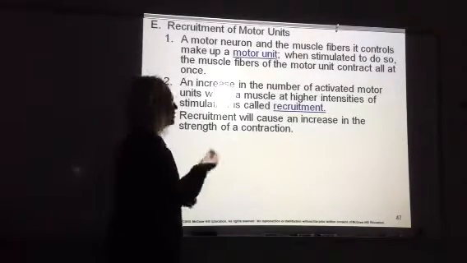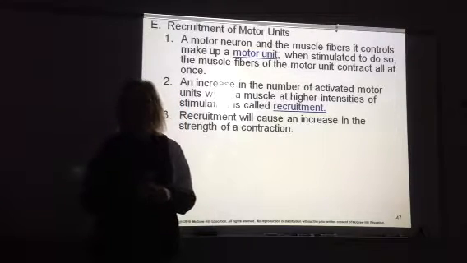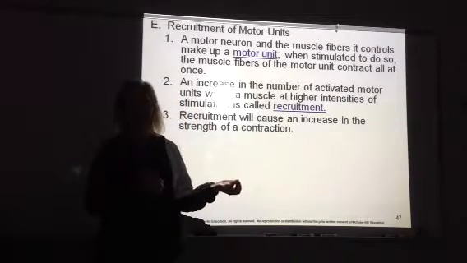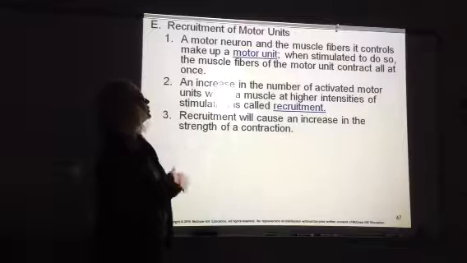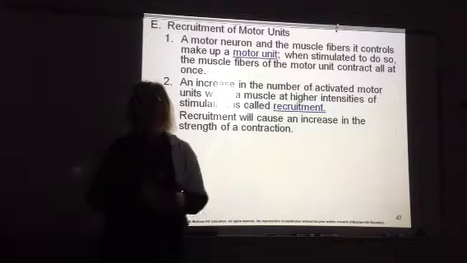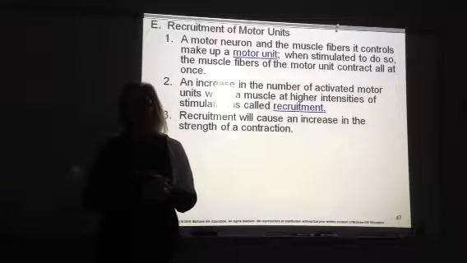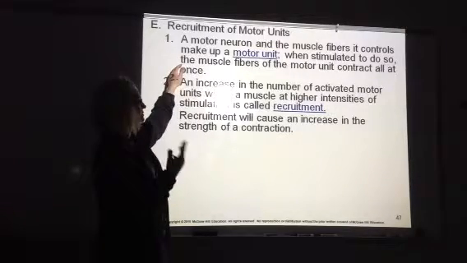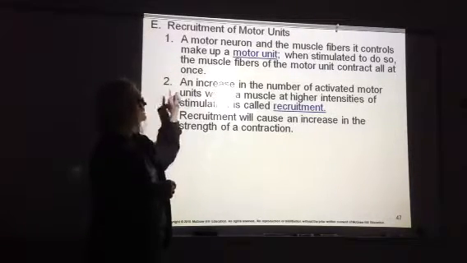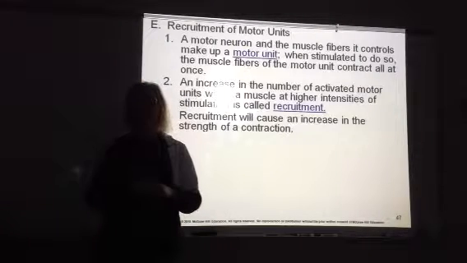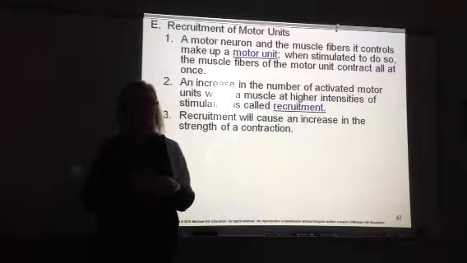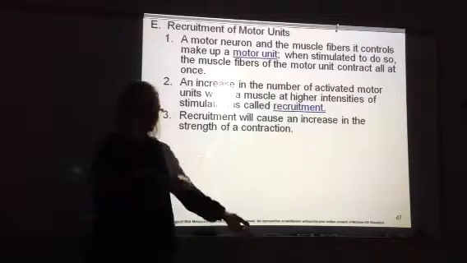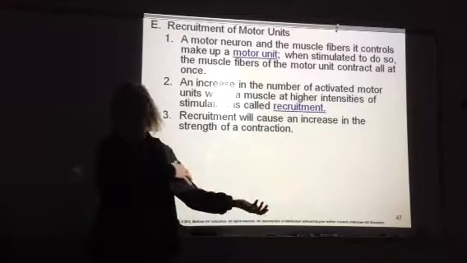Similar to that, a motor neuron from the nervous system and the muscle fiber together make up a motor unit. That motor unit will be used to contract, and that's going to happen all at once. An increase in those motor units is called recruitment. Like I said, you might need a few muscle fibers, you might need a lot.